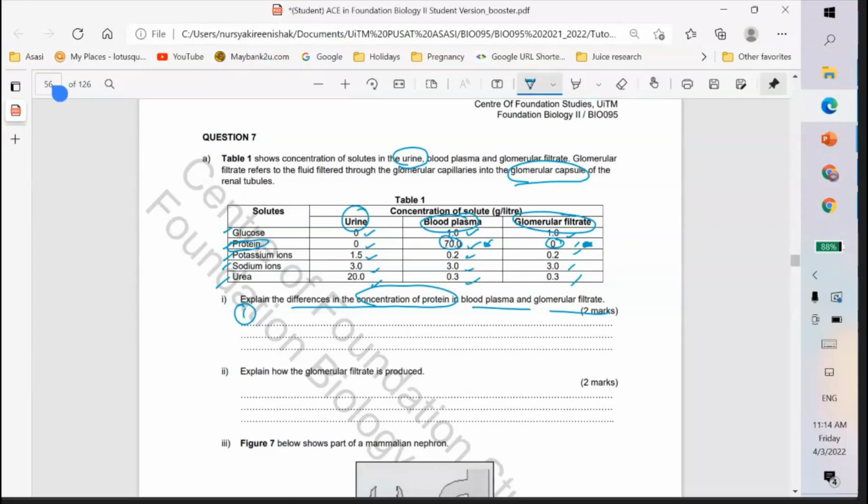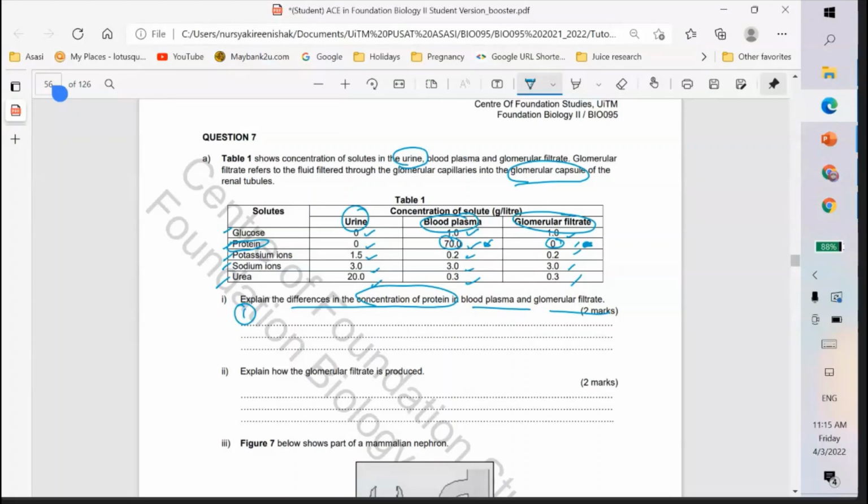Why does the protein not pass through the glomerulus into the Bowman's capsule, due to what? The size of the molecule. I want the keyword to get the 2 marks. Now I have only 1. Got it. I want 1 more keyword.